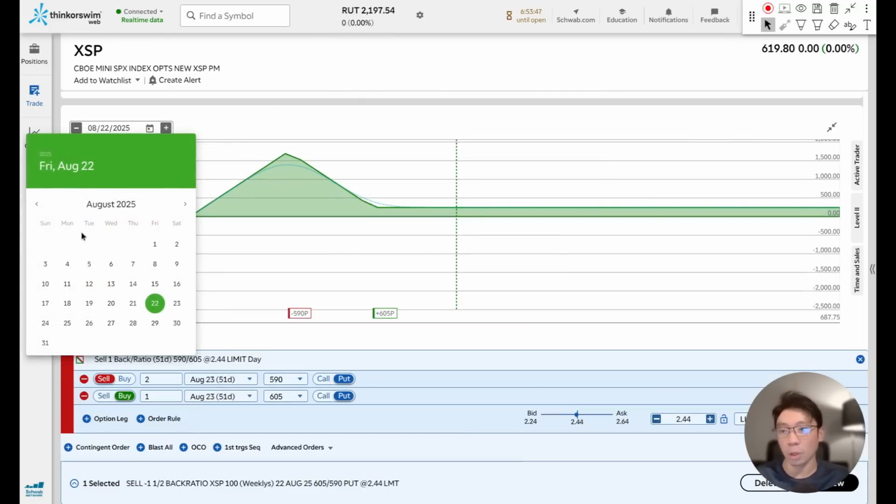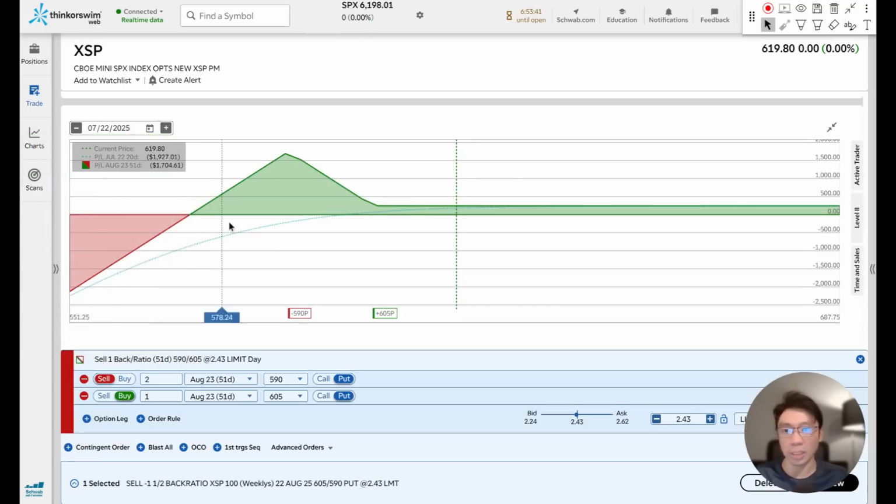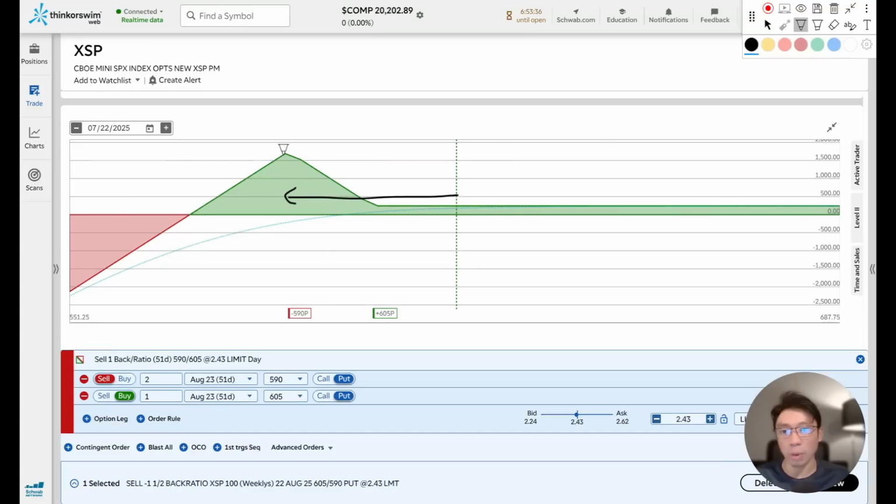So imagine we go back to the starting point, and let's put maybe about 2 or 3 weeks in. So maybe somewhere around 22nd. So this is where the market might have come down to the point where it's at the pinnacle, the tip of the tent, where we're supposed to get the max profit at expiration. But at this point, we cannot close the trade just yet. Why? Because we are in a loss at this point over here.